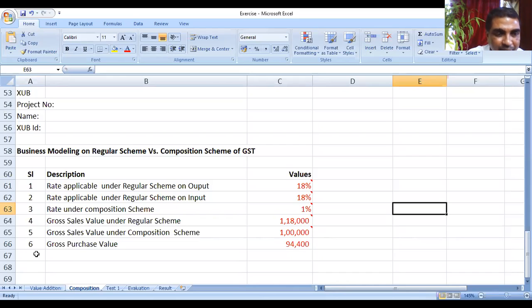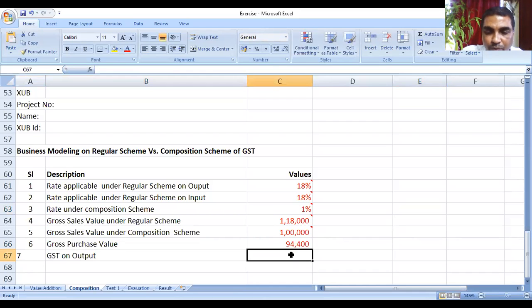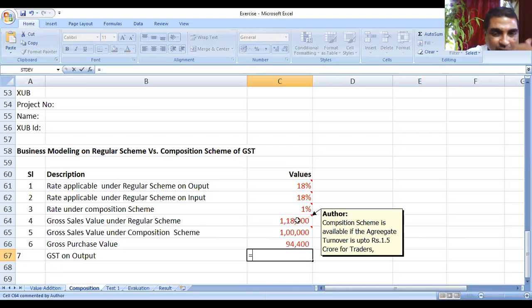we'll calculate the next points. Let us say GST on output. What is the GST on output? We can easily calculate it. You see the formula. This is the output, 1,18,000, I'm selling. This contains 18%.